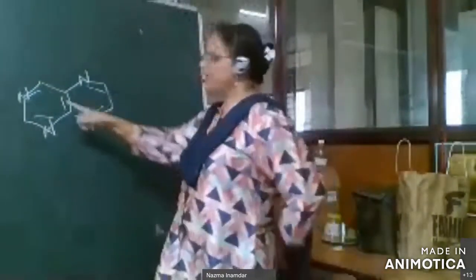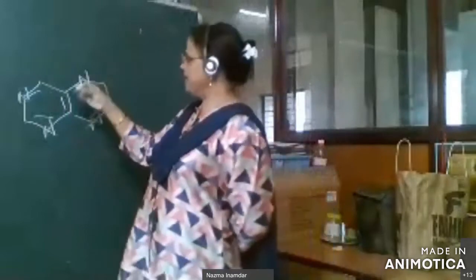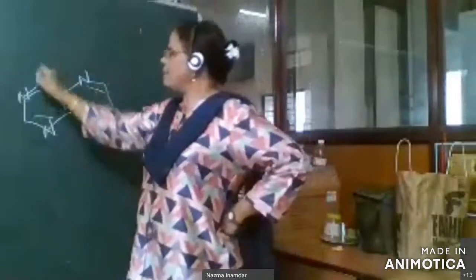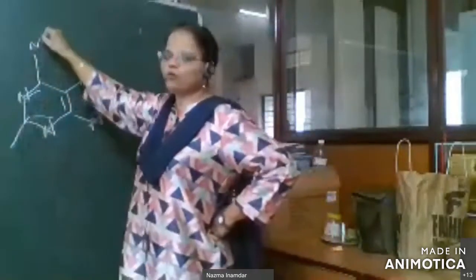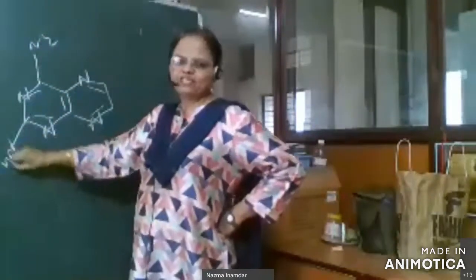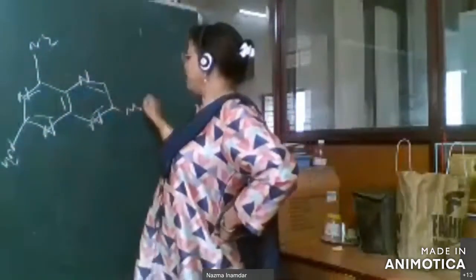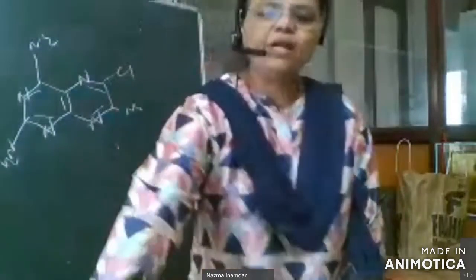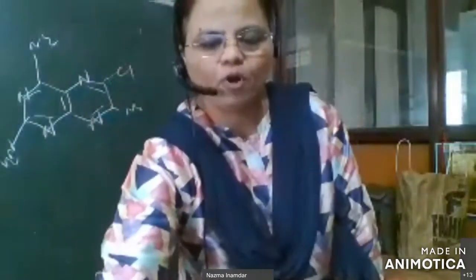So here you have the pteridine ring system. On this pteridine ring system, you have to put the amino groups. Say here it will be one amino group. Amino group and chloro group. Your molecule. Okay, so we have another molecule in this class, amiloride.